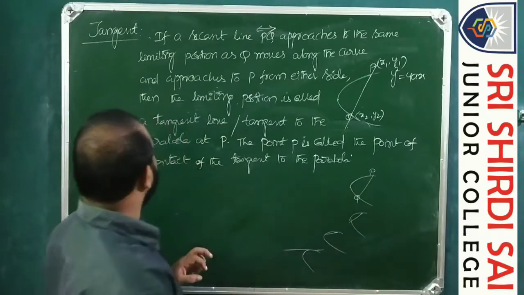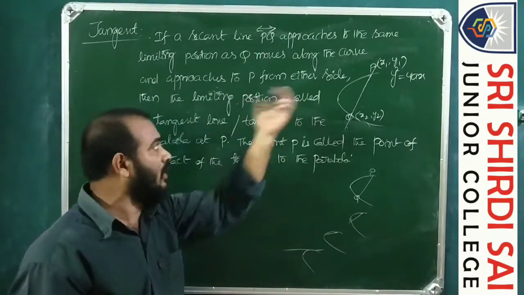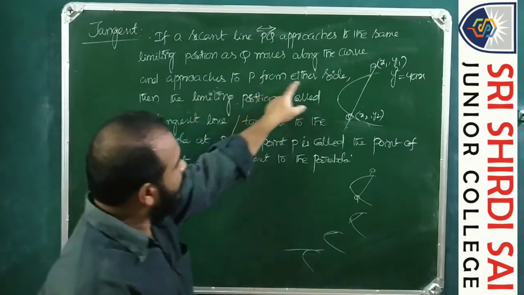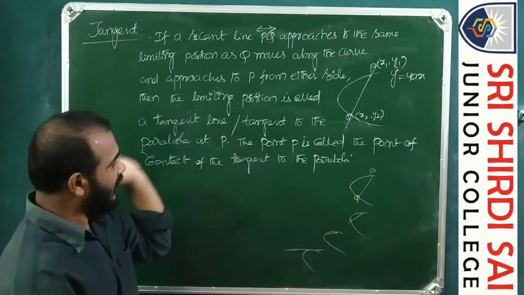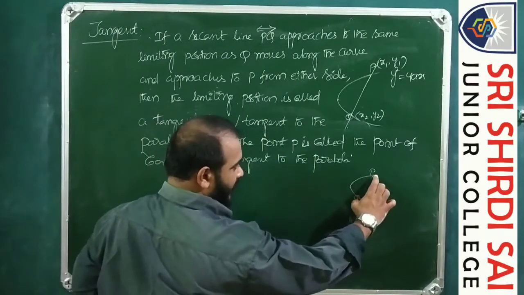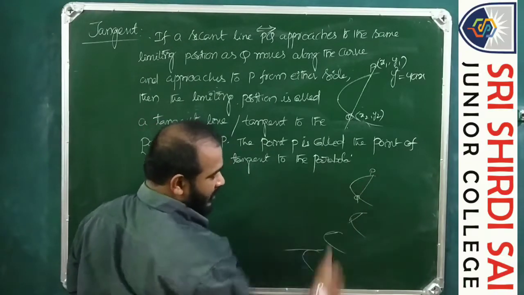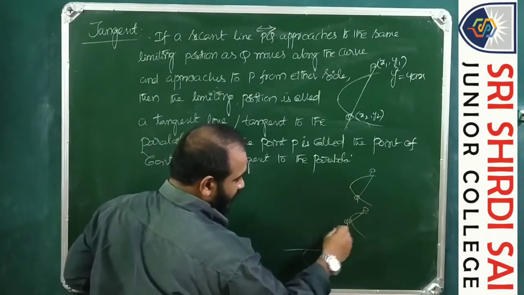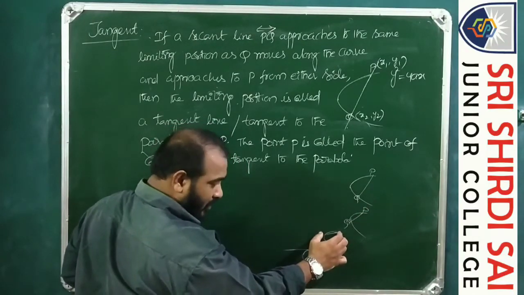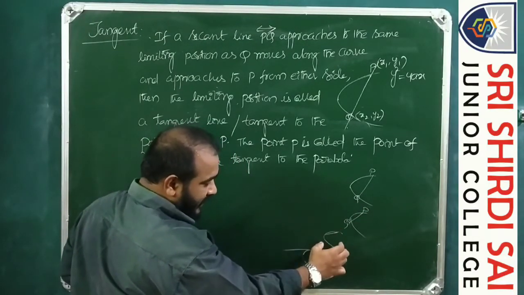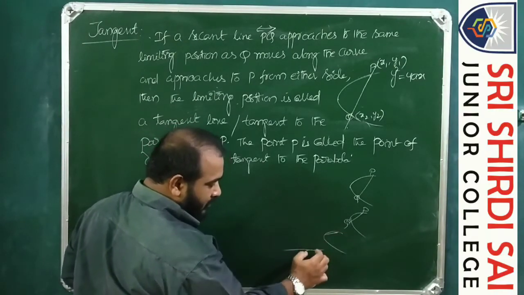So that is the limiting position which we have discussed earlier in the circles chapter as well. Approaching P from either side, the limiting position is called a tangent line. Now see this, earlier the chord is this. As we keep on moving this chord, the chord length is minimized here. Here it is further minimized, until this chord becomes the tangent.